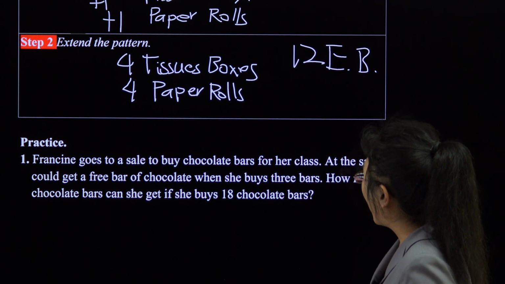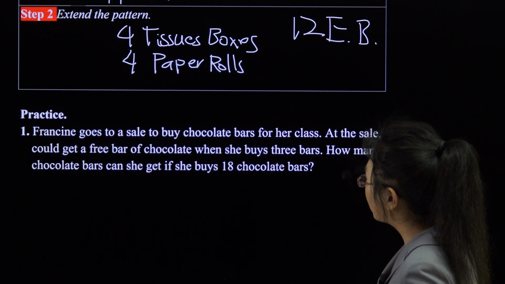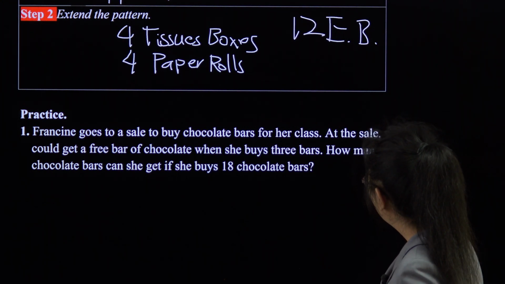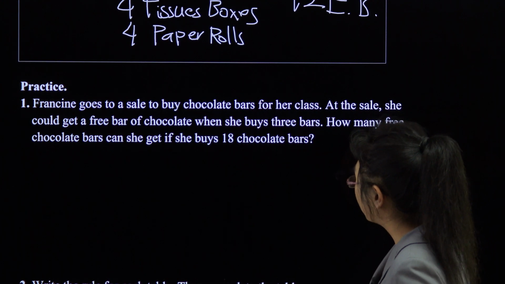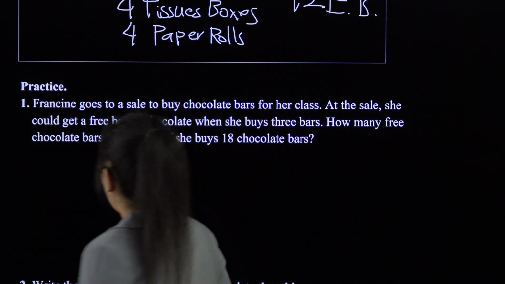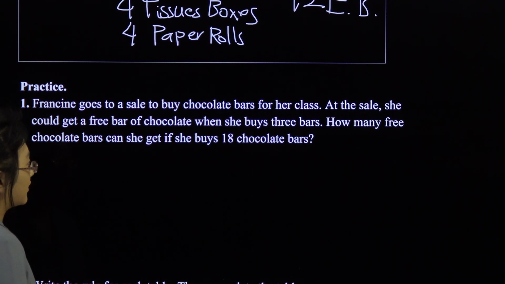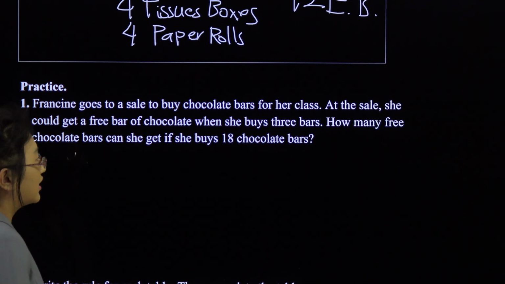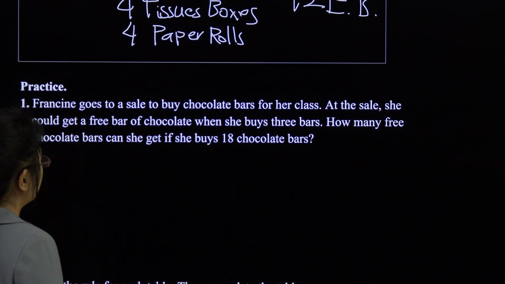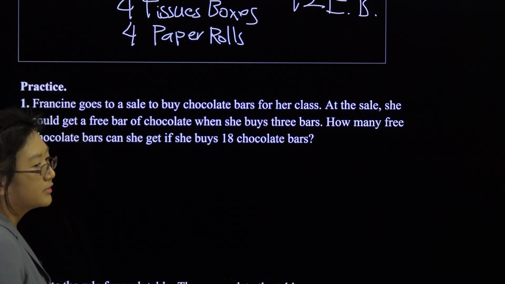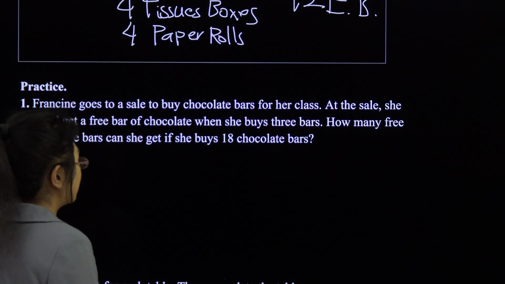Francine goes to a sale to buy chocolate bars for her class. How nice. At the sale, she could get a free bar of chocolate when she buys 3 bars. How many free chocolate bars can she get if she buys 18 chocolate bars? Well, how many 3's are in 18? 3 times 6 equals 18. So this is less of a finding a pattern thing than, well, division, which we will be learning about in the next chapter.